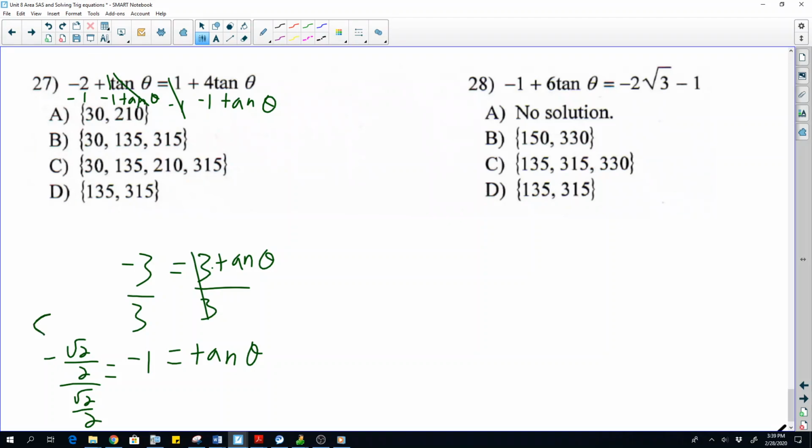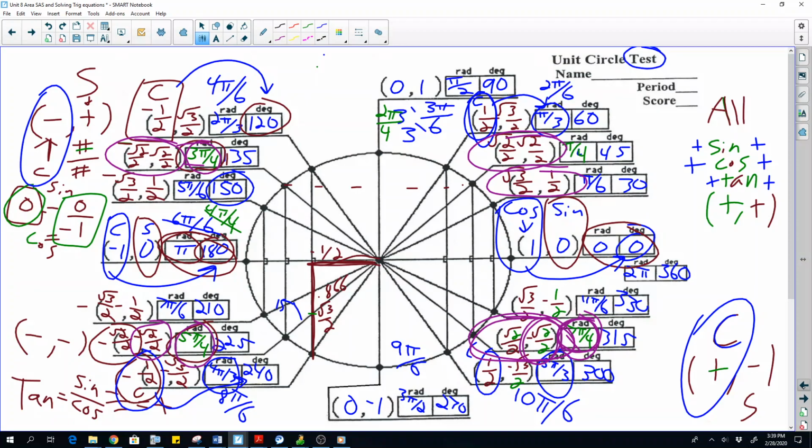So remember, sine's on top for tangent. It goes sine over cosine. So we're looking where sine is negative radical 2 over 2 and cosine is radical 2 over 2, and then switching them. So go to the unit circle. Can you find it? So negative radical 2 over 2. Yep, here's one of them. So we're going to use 135 degrees as one of our answers.